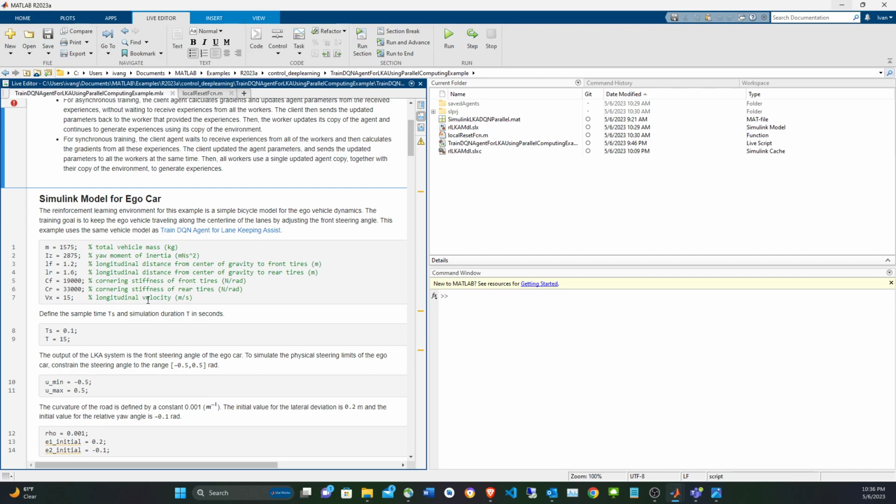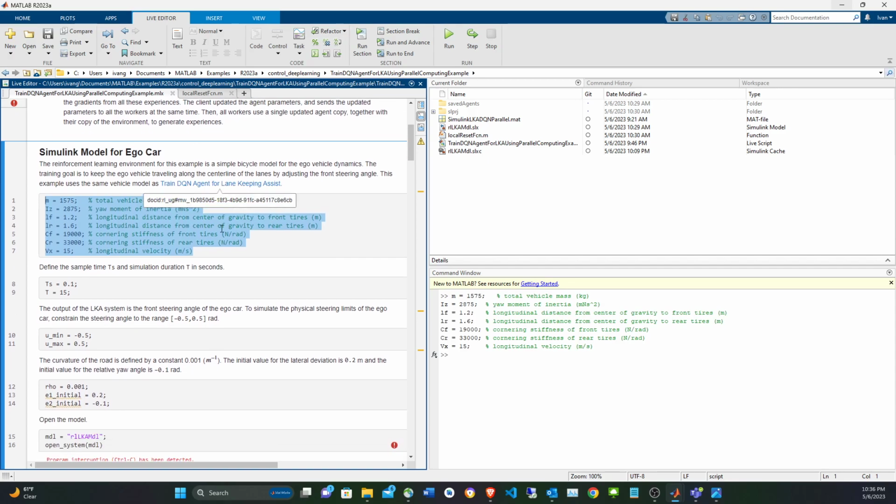So we don't care much about the longitudinal velocity, but it does affect the computations of the lateral deviation and angular deviation, so that has to be taken into consideration, but we don't control it in this problem, only the steering angle.